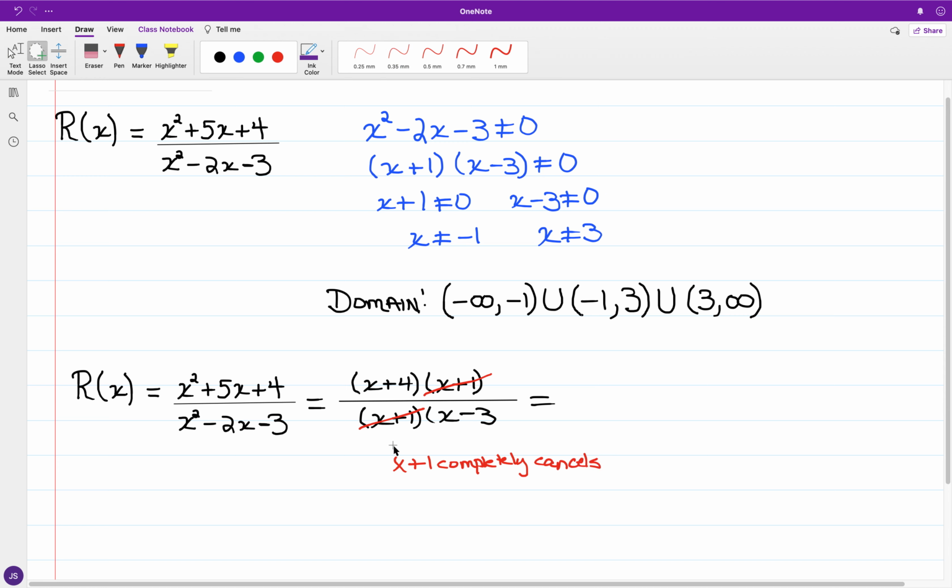With x plus 1 no longer in the denominator, this signals that there is going to be a hole at x equal to negative 1. In terms of the reduced form, we have x plus 4 all over x minus 3.